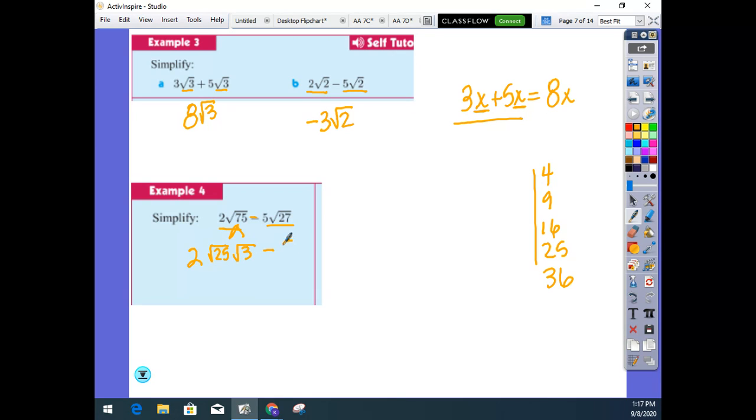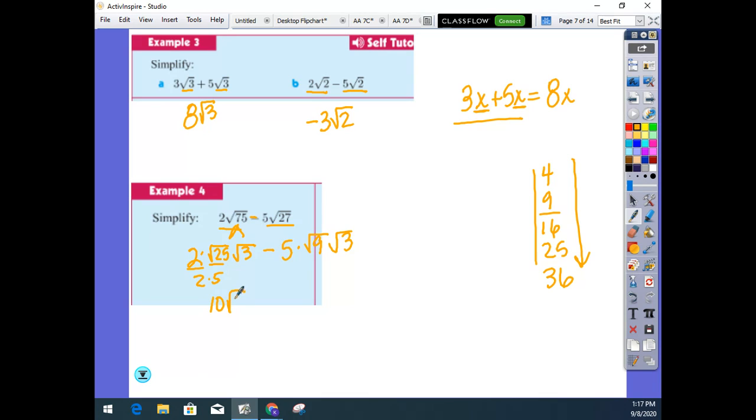Now I'm going to do the same thing with 27. I'm going to carry down my 5, break 27. What perfect square goes into 27 evenly? 9. 9 times 3. All right, now we're going to simplify. This is 2 times 5 because the square root of 25 is 5.